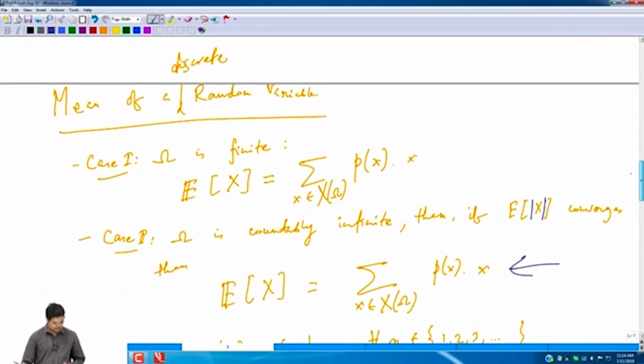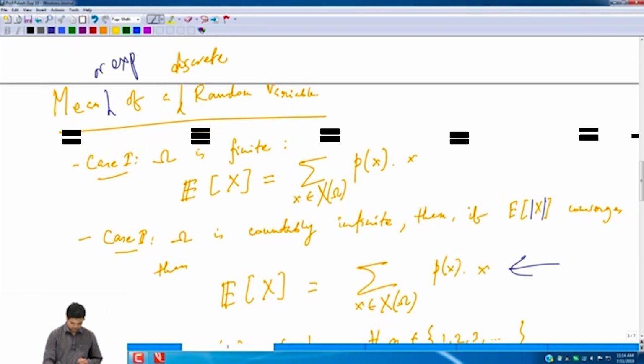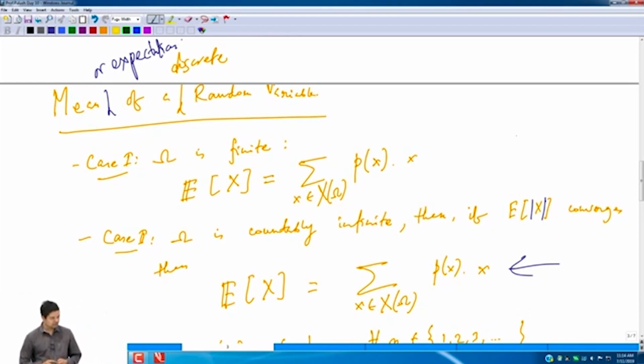Okay, and then we talk about the mean or expectation of a random variable, of a discrete random variable. If omega is finite, then you define it as the sum over its image set of x, probability of x times x. It's really a weighted average.